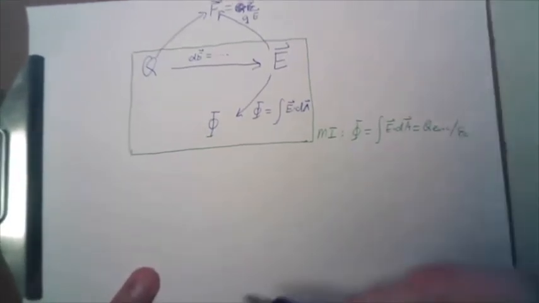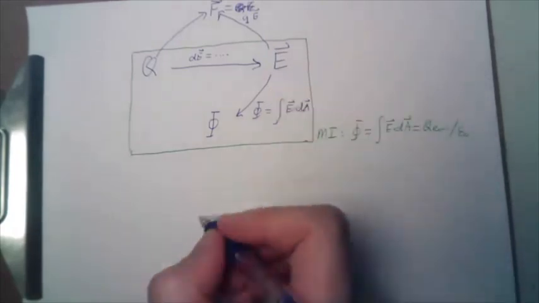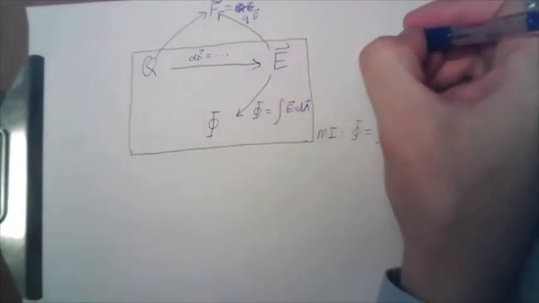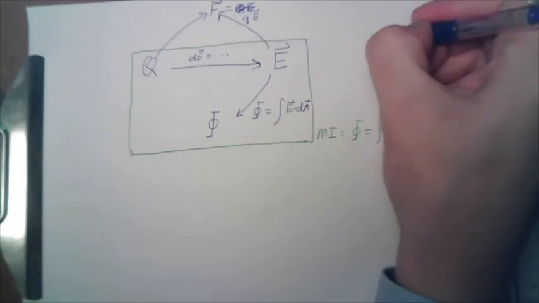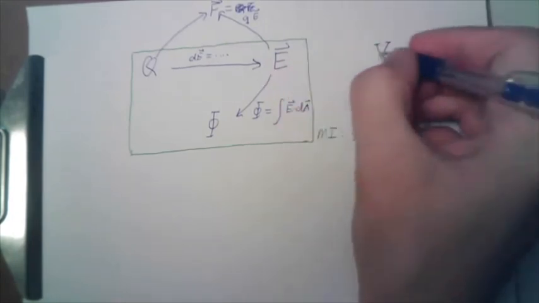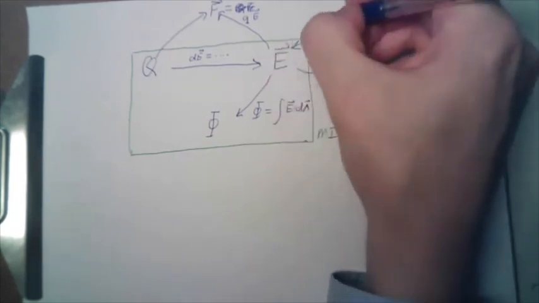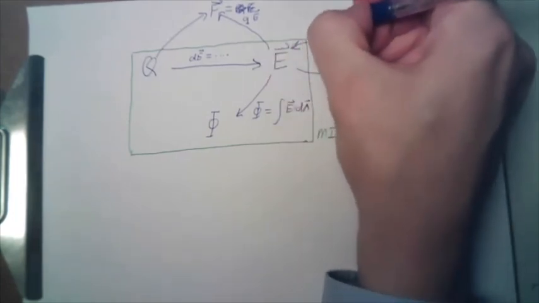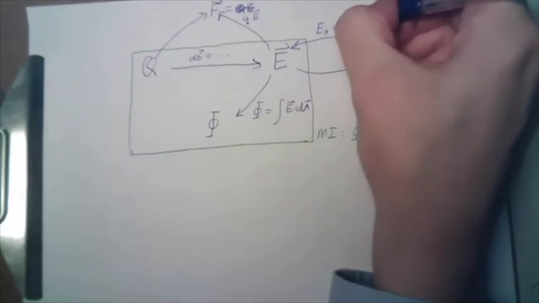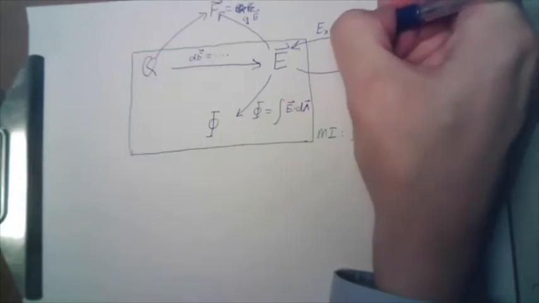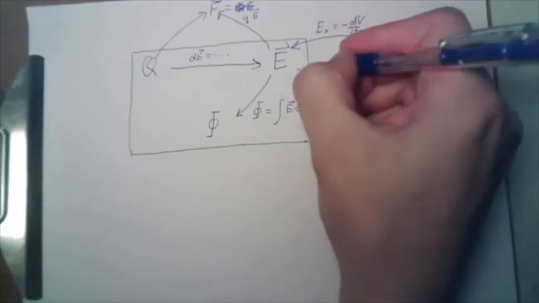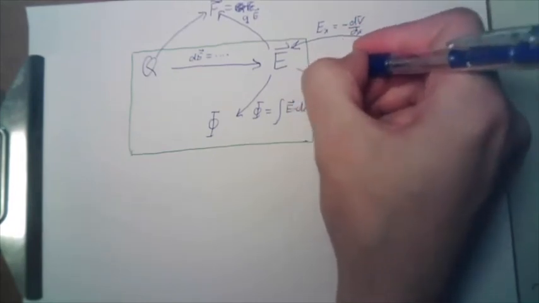And now we have a new concept, potential. And we could go from electric field to potential, and we can go from potential to electric field. So Ex is minus dV dx, or delta V is the integral of E dot dl.